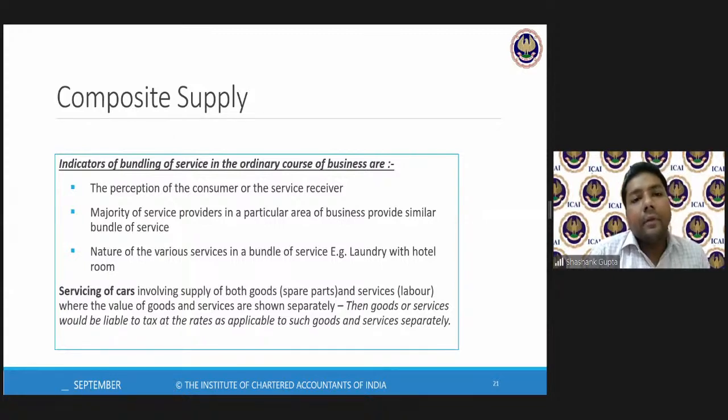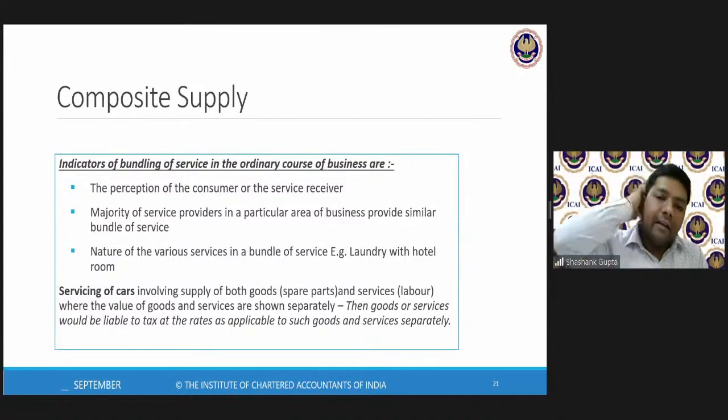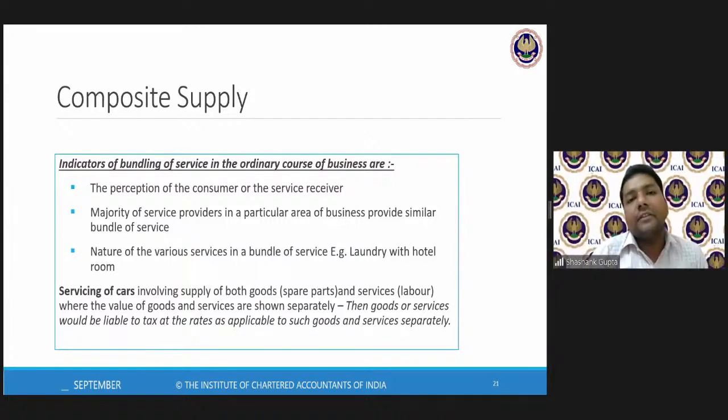Secondly, the majority of service providers in a particular area of business provide a similar bundle of service. That is, all of them provide a similar bundle of service. It should not be that only one person is doing it.